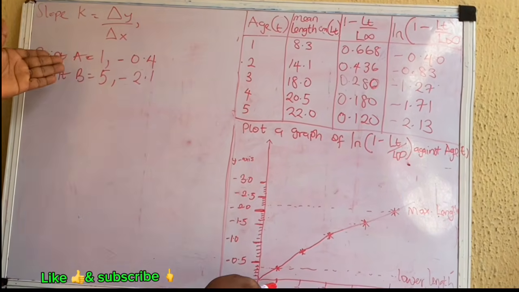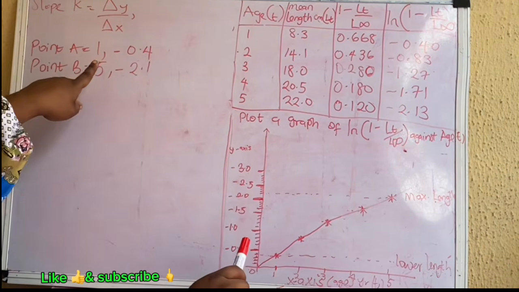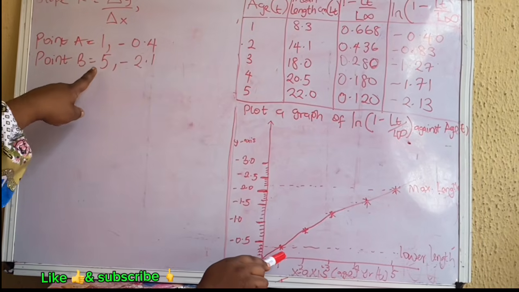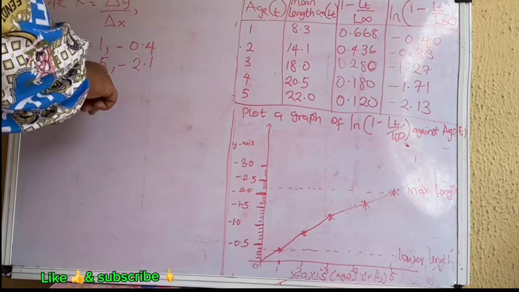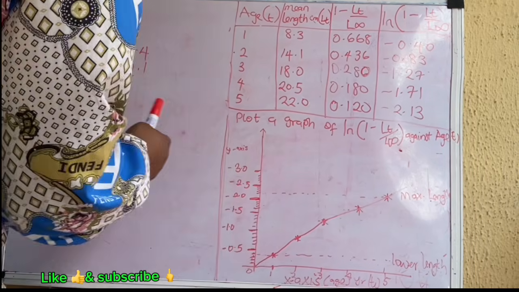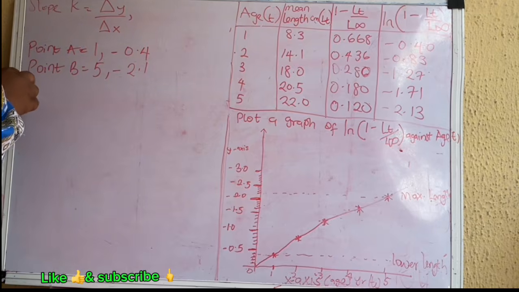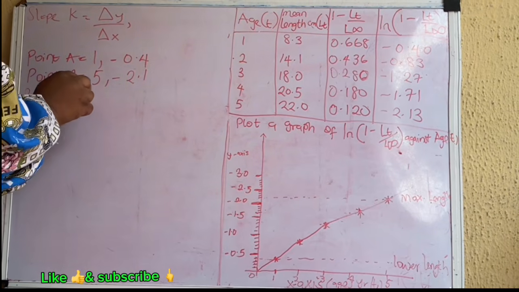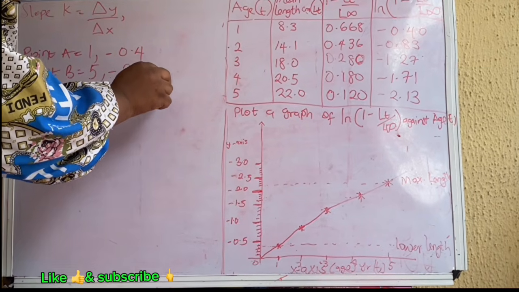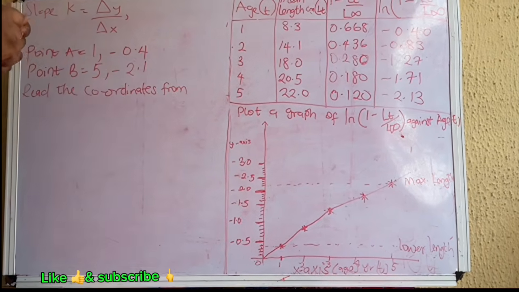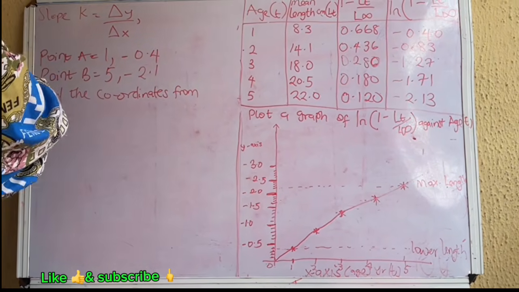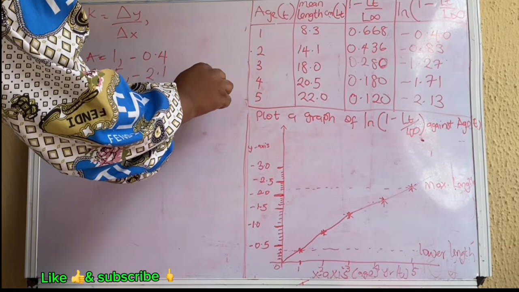Point a is 1, minus 0.4. Point b is 5 and minus 2.1. So you can read the coordinates from the points in the graph, the length in the graph.